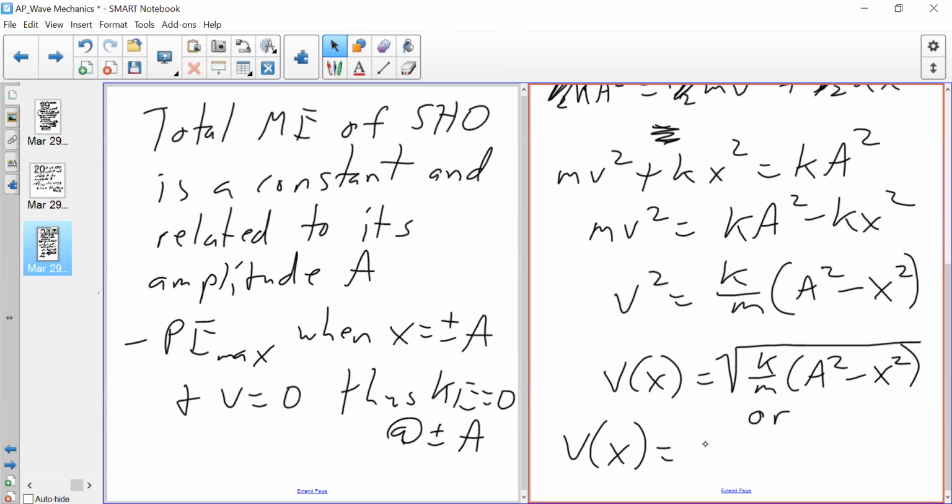This is going to be plus or minus, because a square root can be positive or negative. The square root of 4 could be plus or minus 2. So plus or minus omega times the square root of A squared minus x squared.